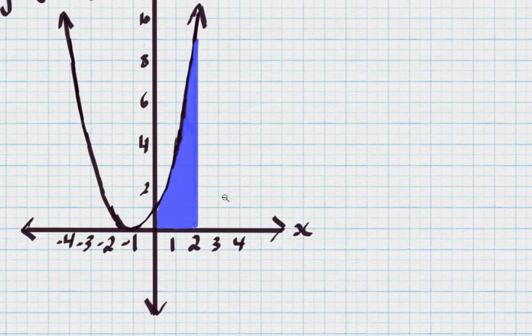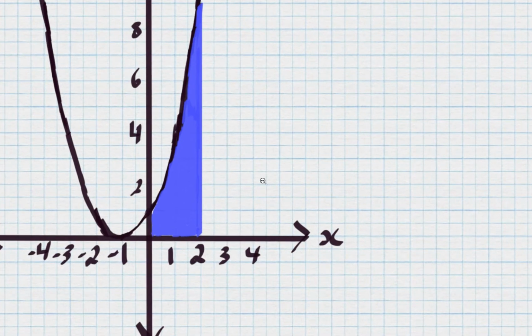Might just zoom in a bit to give ourselves a bit more detail. Okay, so we can see that the width here is 2. So that means if we're going to have 4 equally spaced inner rectangles, they're all going to have a width of 1/2. So let's start to draw in our first rectangle.